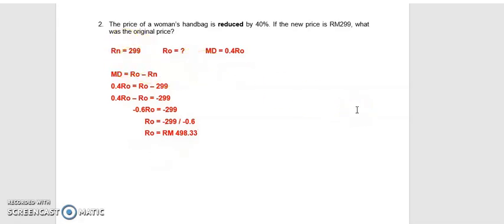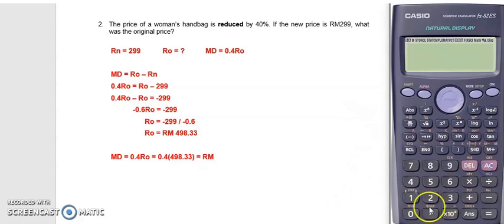If the question asks you to find the amount of markdown, again, we know that markdown is equivalent to 0.4 RO. So if you substitute the value of RO here, it will be 0.4 times 498.33.